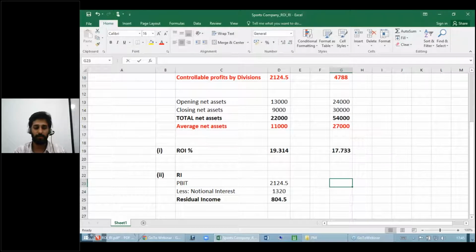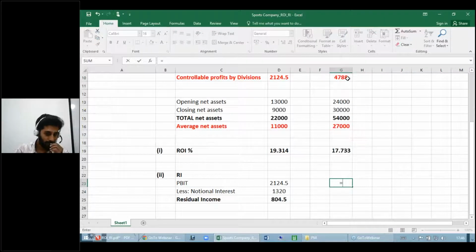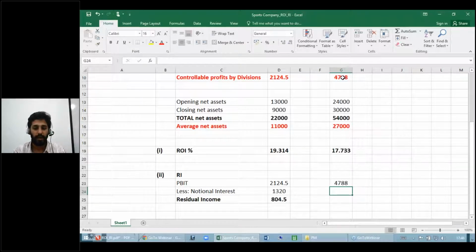PBIT, price is equal to the cell of the profit here, link down the cell and the answer. And then notional interest is this 27,000. This is the capital multiplied by 0.12.